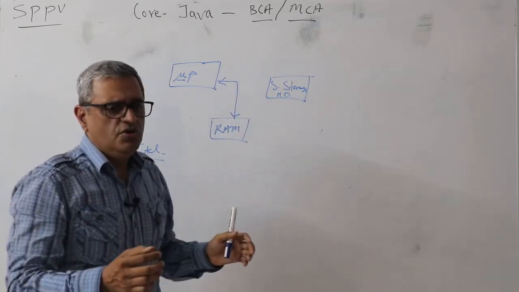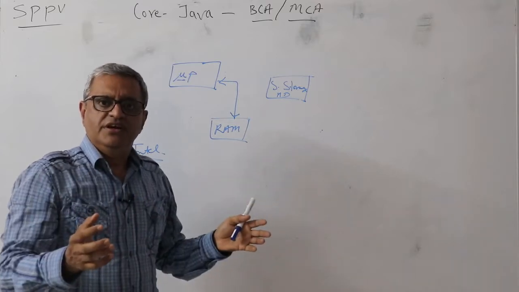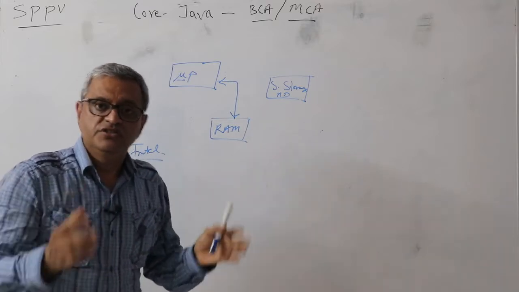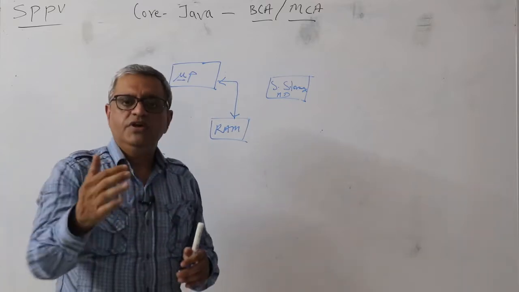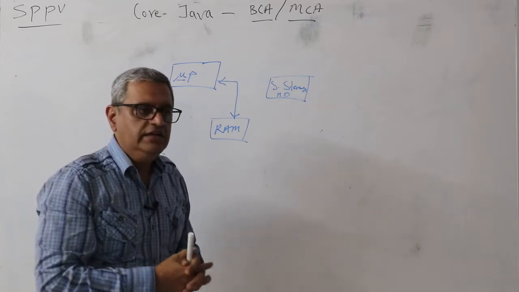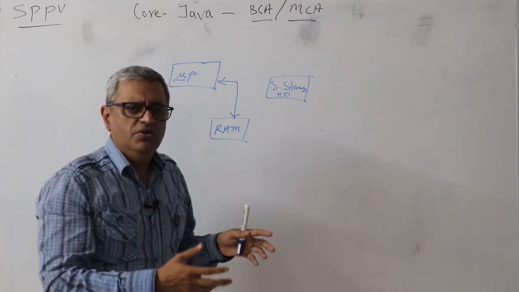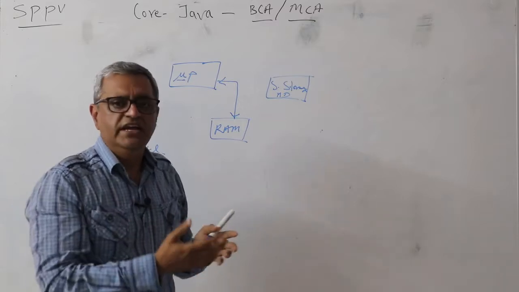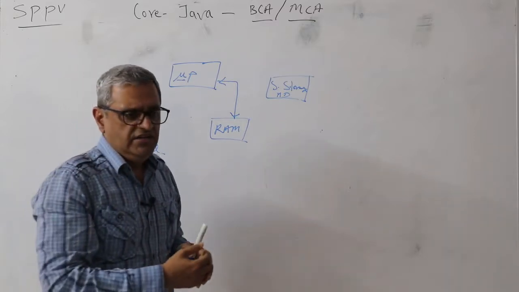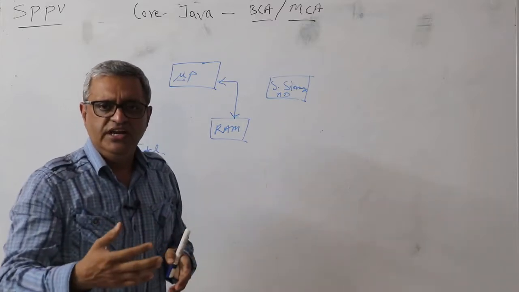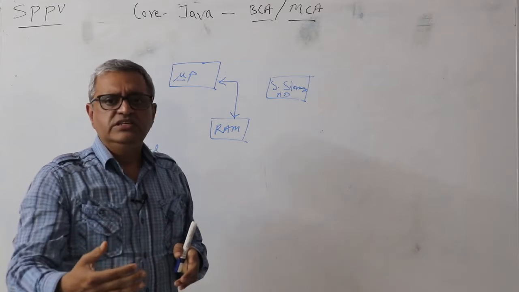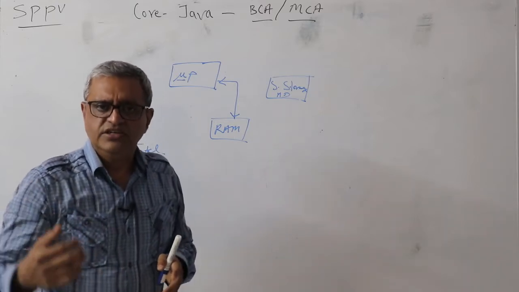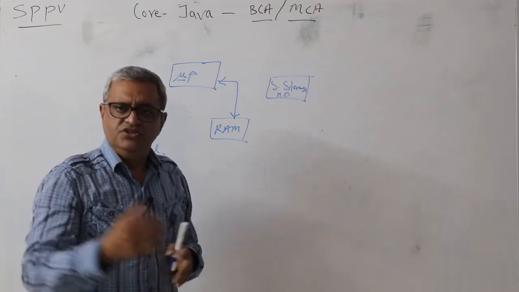Every microprocessor has an instruction set. If I have to give an example from Intel, probably the oldest microprocessor I am aware of could be the 8085, and after that was the 8088, 80186, 80286, 80386, 80486.